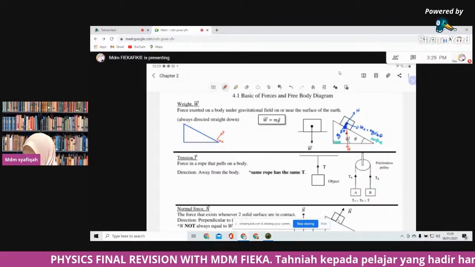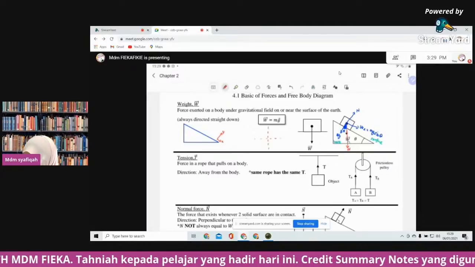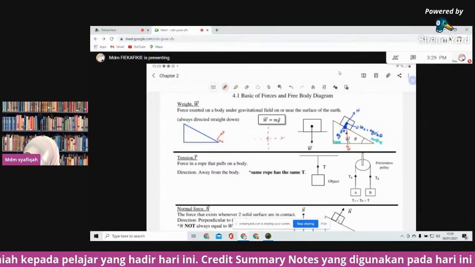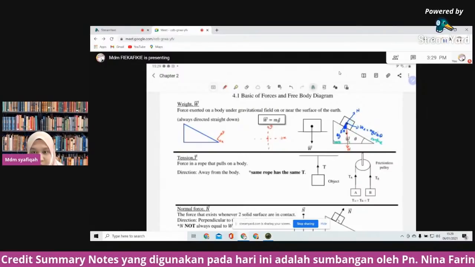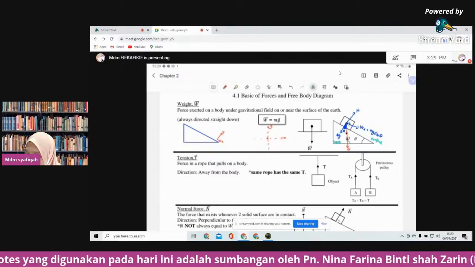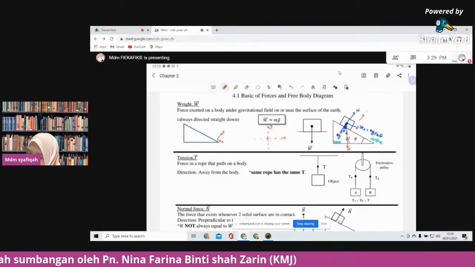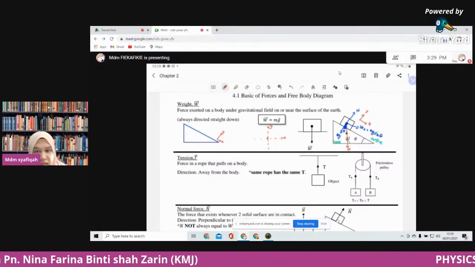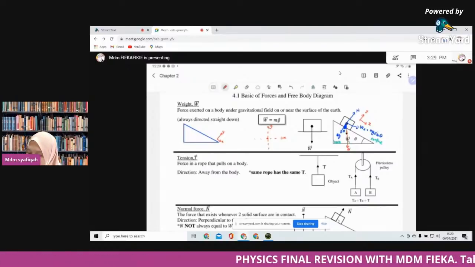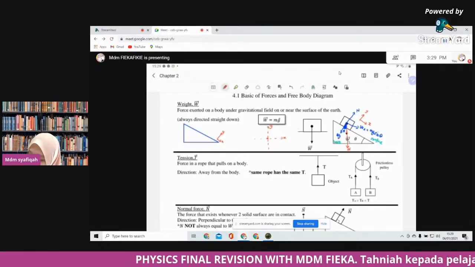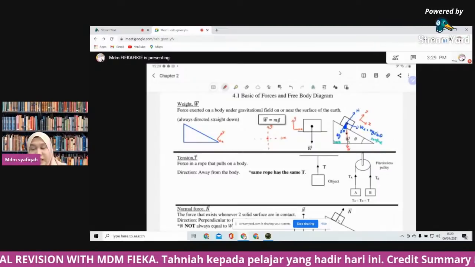So when you draw your free body diagram, x and y. Awak tengok balik awak punya free body diagram here, sketch dulu pada soalan. Normal is in y component. X-axis must be the surface of the motion. Kalau dia flat surface, so this is the x-axis and this is the y-axis. Flat surface tak ada masalah.